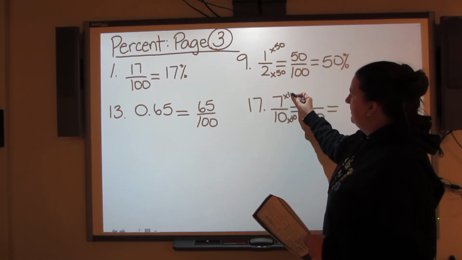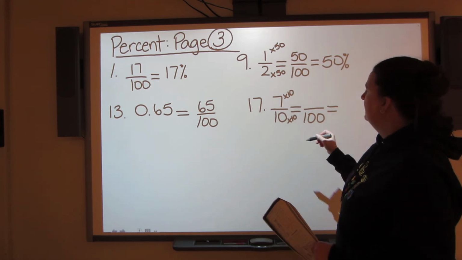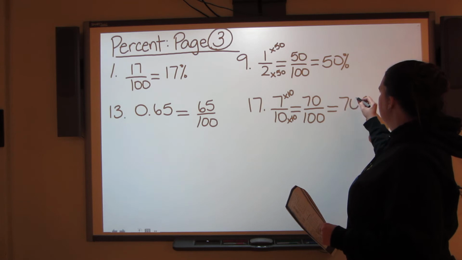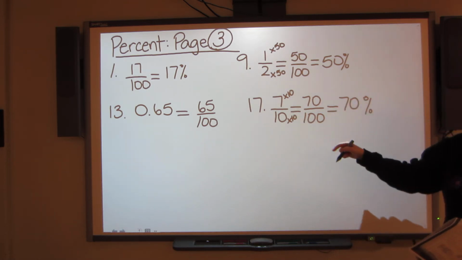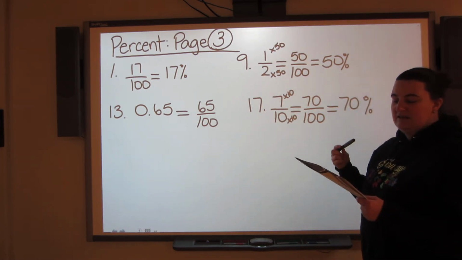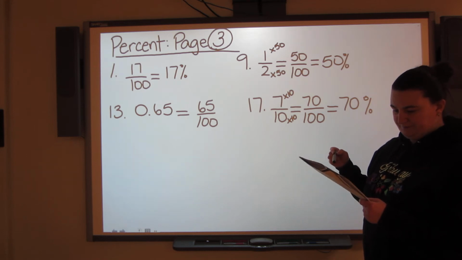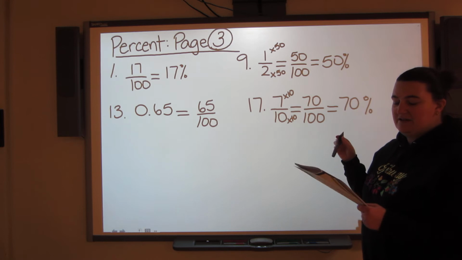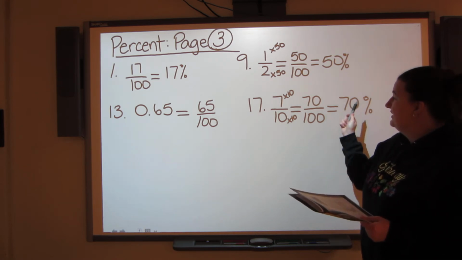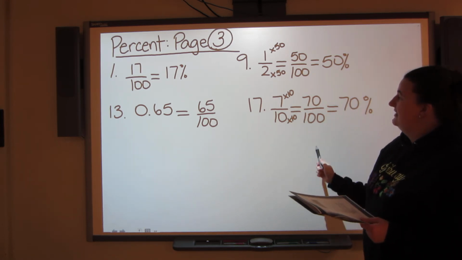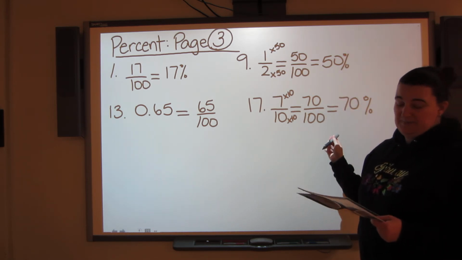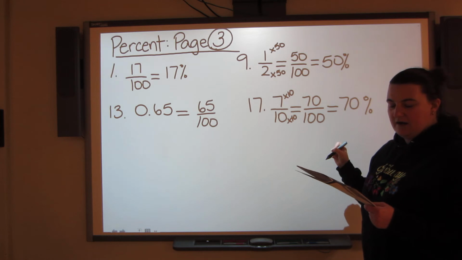Whatever you do to the bottom, you have to do to the top. 7 times 10 is 70. So I have 70%. So 17 all the way to 22, that's how you're going to do it. You're going to take those fractions, and you're going to change them to percentages by finding the denominator of 100.